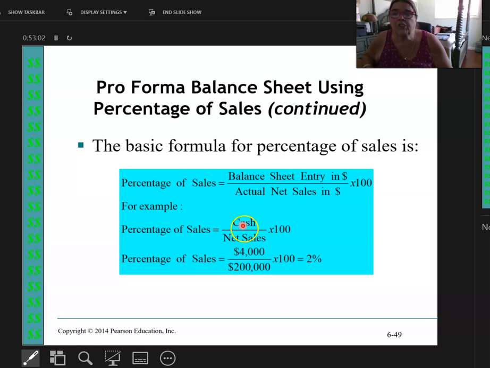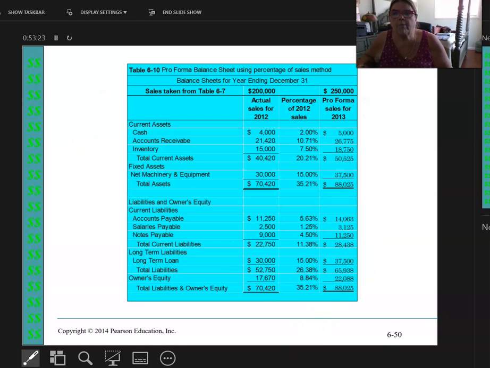We take the cash divided by the net sales, multiply by 100, which will turn it into a percent. So if I'm going to use the percent of sales method, then my cash will go up. If my cash is 4,000 and my total sales are 200,000, my cash is going to be 2% of sales. And I'm going to do that with all my balance sheet items.